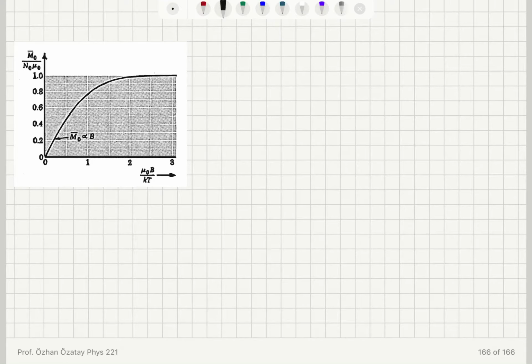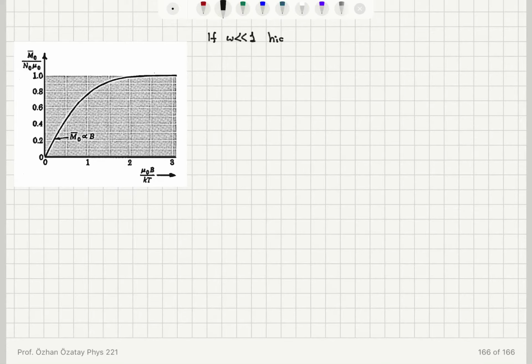Now I want to see the behavior of the tangent hyperbolic function in the limits that I have considered. If you look at the limit omega much less than 1, this would be the high temperature limit or low magnetic field limit.